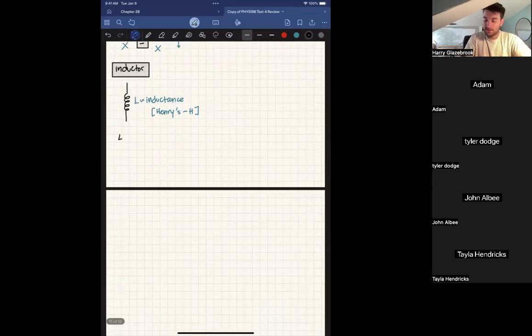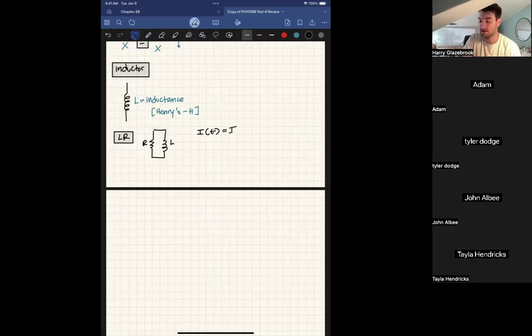So the most popular thing you'll see is an LR circuit. By LR, what I mean is inductor resistor. So you'll have a resistor here and an inductor. There's R, there's L. And it's actually going to be very similar to your capacitor resistor circuits in that the current being held by the inductor is going to change as a function of time, and it'll discharge in the exact same way.